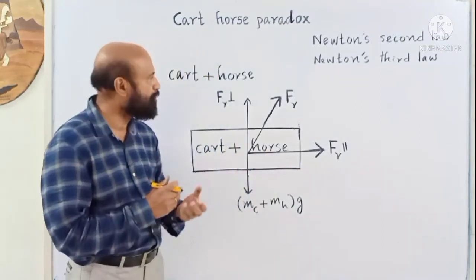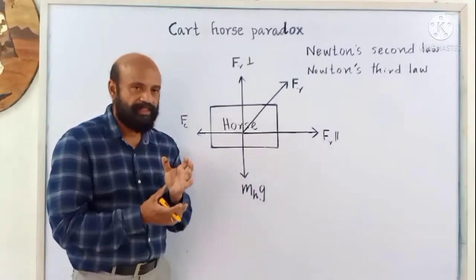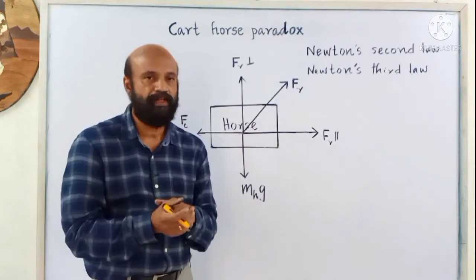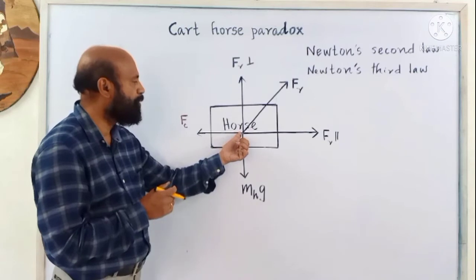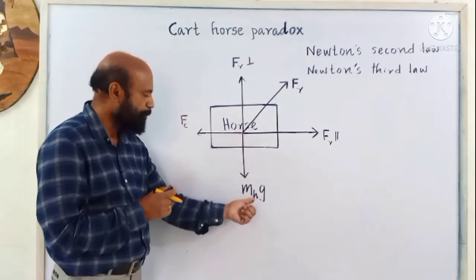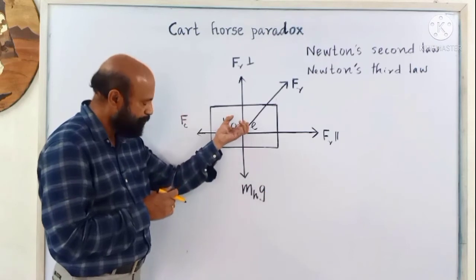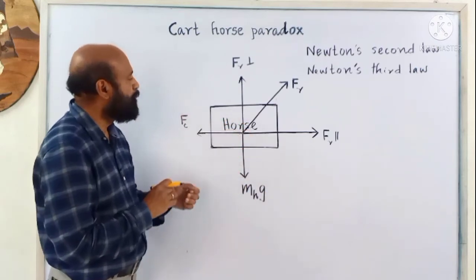Another way is considering the hose as the system. Now let us consider the hose as the system. Then we have to find the various forces acting on the system. The mass of the hose is mh, multiplied by the acceleration due to gravity, so you get the gravitational force acting in the downward direction.